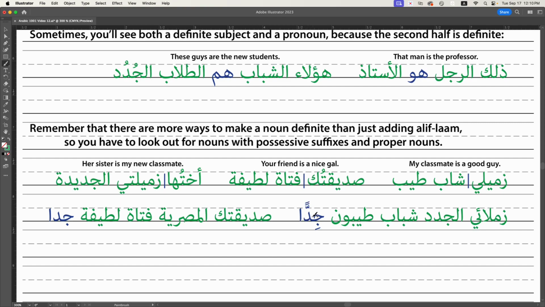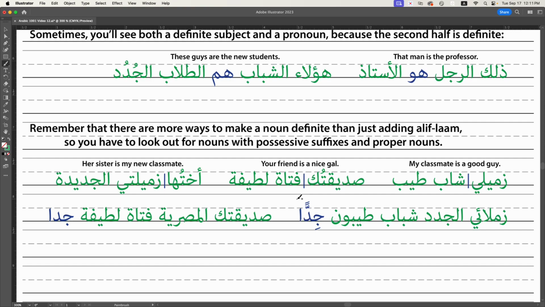So in English, we put very before the adjective, very good guys. In Arabic, we do it the exact opposite way, guys, good, very. So adverbs, this is an adverb, go after their adjectives, and they never change form for gender or number, and they never take alif lam.